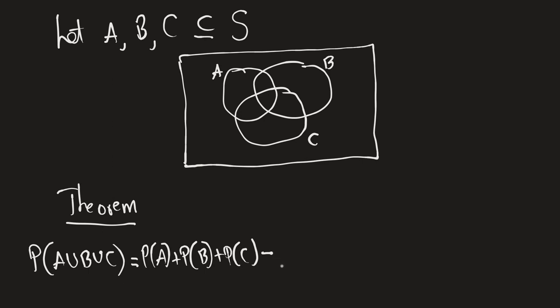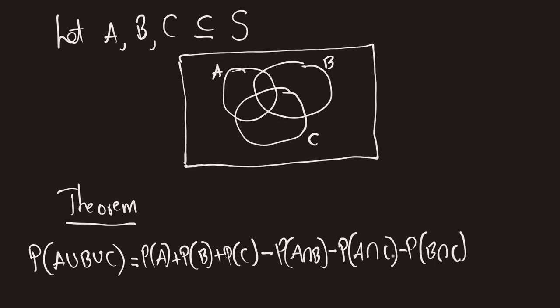The general addition rule. And then what you're going to subtract is each of the pairwise intersections. So A intersect B, A intersect C, and then B intersect C. So you find the probabilities of all of those, or in many cases that information will be given.